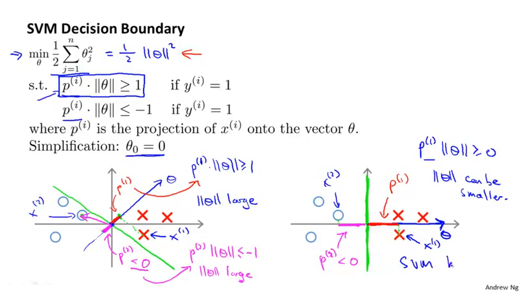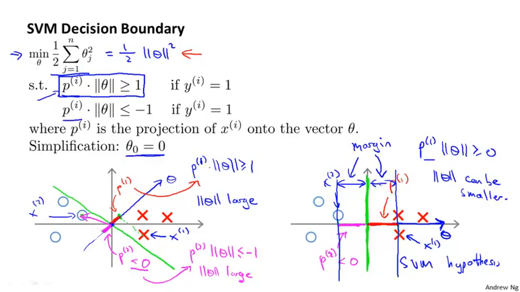And this is how the SVM gives rise to this large margin classification effect. Namely, if you look at this green hypothesis, we want the projections of my positive and negative examples onto theta to be large, and the only way for that to hold true is if, surrounding this green line, there's this large margin, this large gap that separates the positive and negative examples.